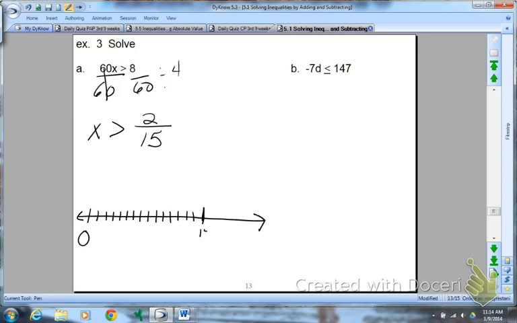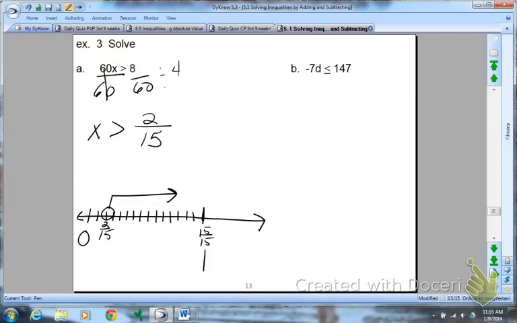And what is 15 over 15? It's the same thing as 1. So when you have a fraction on a number line, you can just go from 0 to 1. And you don't have to label every single one. So here's 2/15. We're going to have an open circle at 2/15 and it goes to the right.